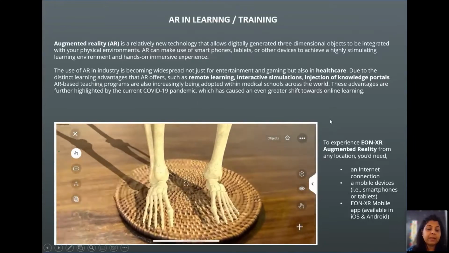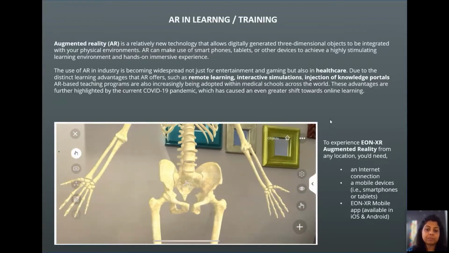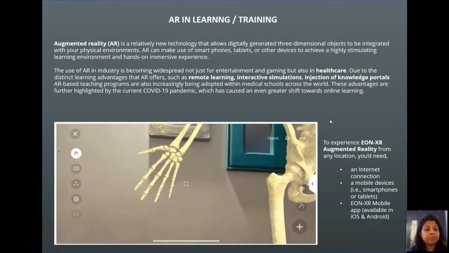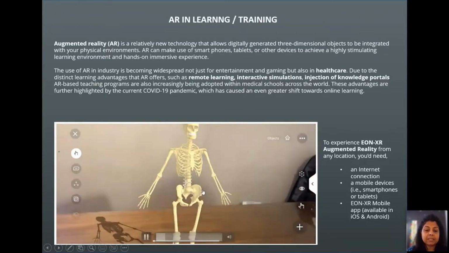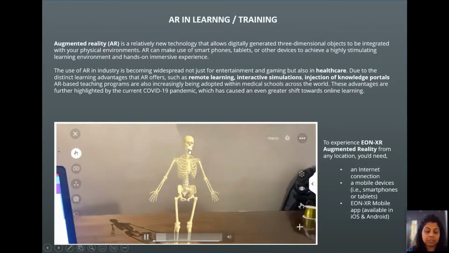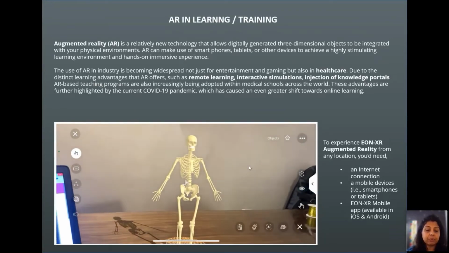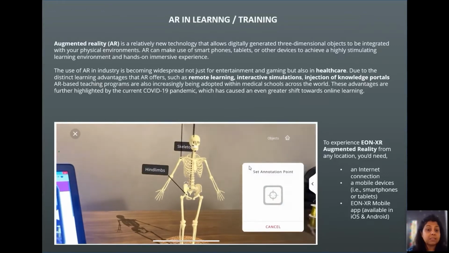So, augmented reality or AR is a relatively new technology that allows digitally generated 3D objects to be integrated with your physical environment. So right now what you are seeing on my screen is basically this human skeleton model on my physical surroundings. And this can be done using any of your smartphones or tablets or such devices.